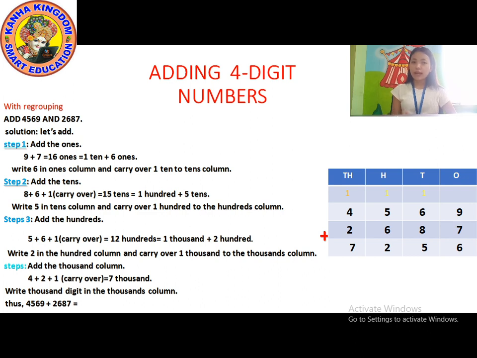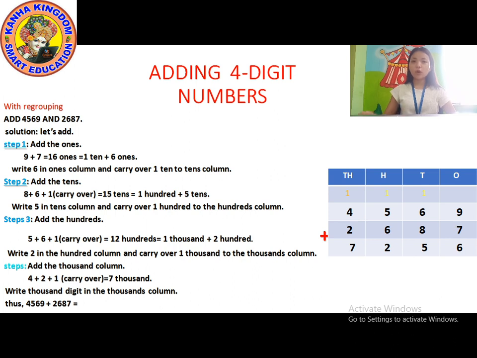So now write 7 in the 1000 column. So the fourth step is to add the 1000 column, and while adding the 1000 column, we got 7000. So we have to write 7 in the 1000 column.